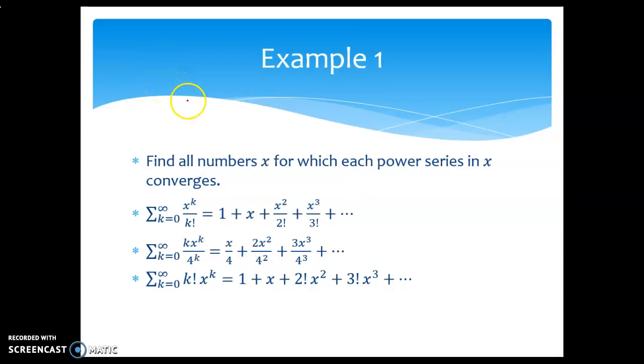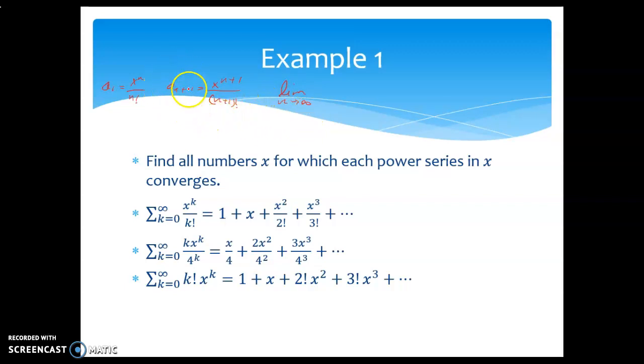So a_n is equal to x raised to the power of n over n factorial. a_{n+1} is going to be equal to x raised to the power of n plus 1 over n plus 1 factorial. Then we find the limit, just like we learned from the previous lecture.